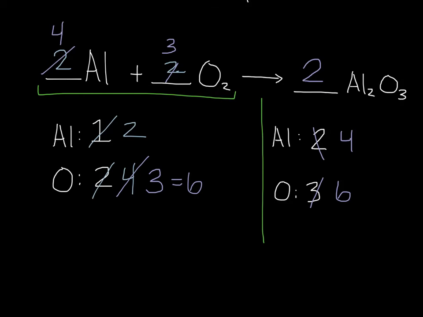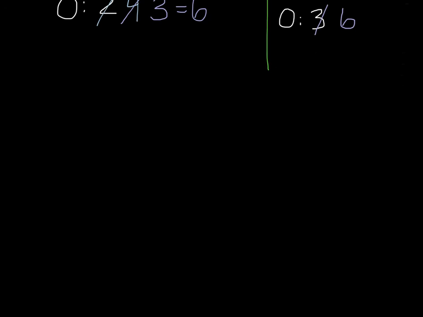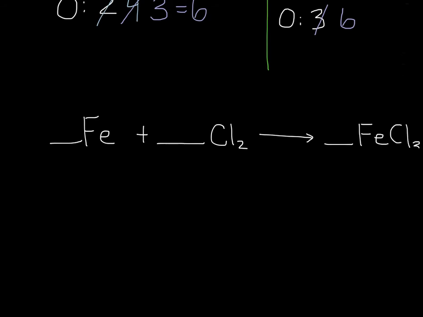Let's look at another quick example. So let's say I have the chemical reaction of iron. I'm going to react iron with chlorine, which is diatomic, which means it comes as a chlorine molecule, two chlorine atoms attached together. And I'm going to make ferric chloride, FeCl3.